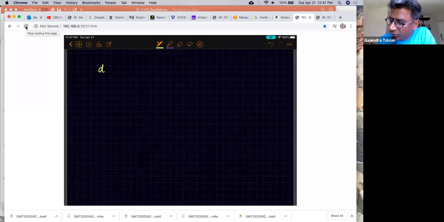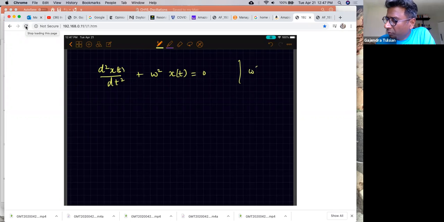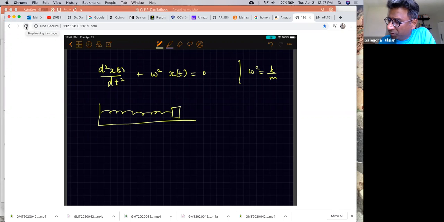So d squared x(t) by dt squared plus omega squared times x(t) equals 0, where omega squared was k over m. Okay, so what we have done is this was our system, and the behavior of this system is described by that differential equation.